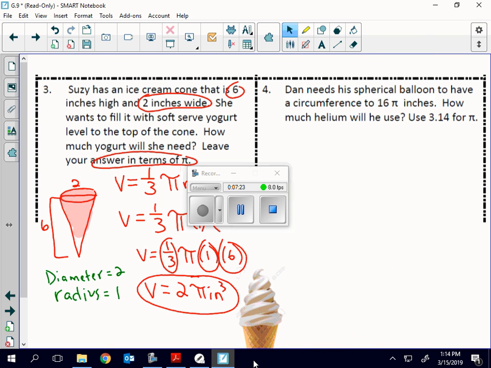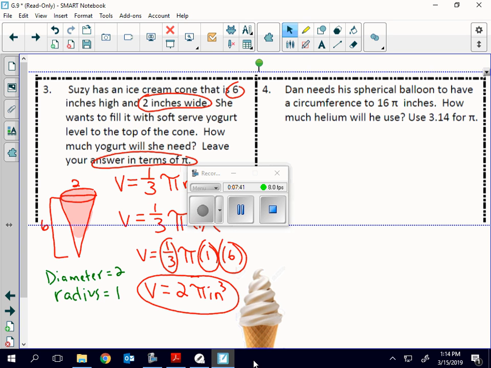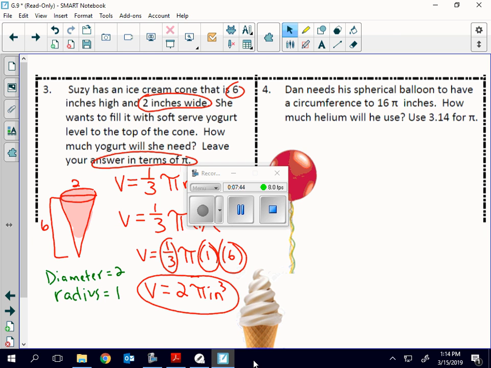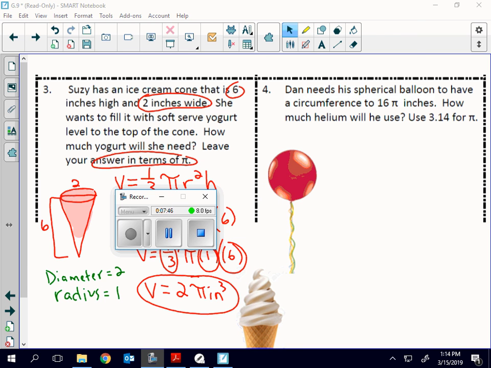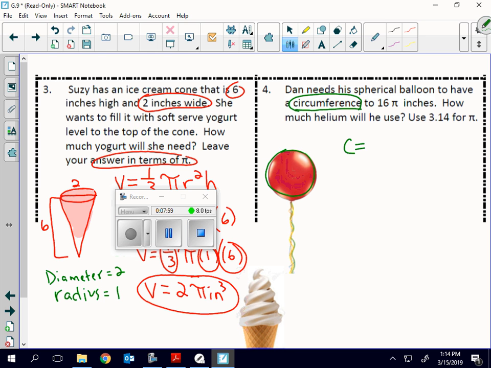All right, Dan needs his spherical balloon to have a circumference of 16 pi inches. How much helium would he use? Ooh. All right, circumference. A spherical balloon looks something like that. It's a sphere, a 3-dimensional circle. And what about circumference? Do you know the formula for circumference of a circle?